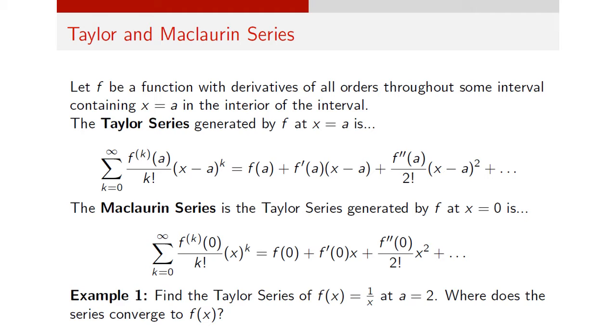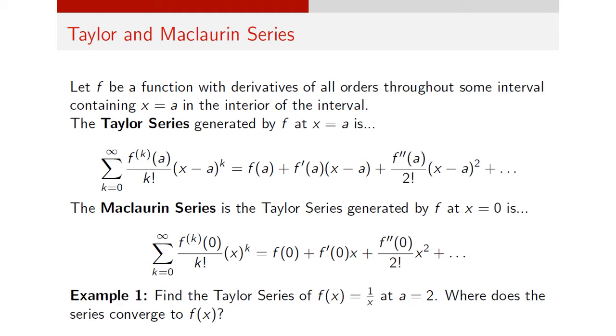When I plug in 1 into this formula, I get the first derivative, or f prime, evaluated at a, divided by 1 factorial, hence I have nothing in the denominator, times (x minus a) to the 1. So I get x minus a as the next term. When k is 2, I have the second derivative, or f double prime, evaluated at a, divided by 2 factorial, which is 2 times 1, times the quantity (x minus a) squared.